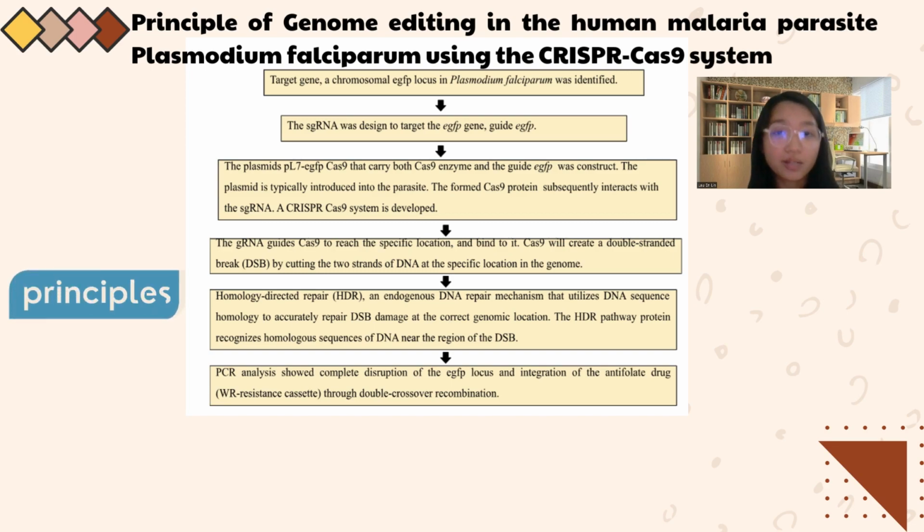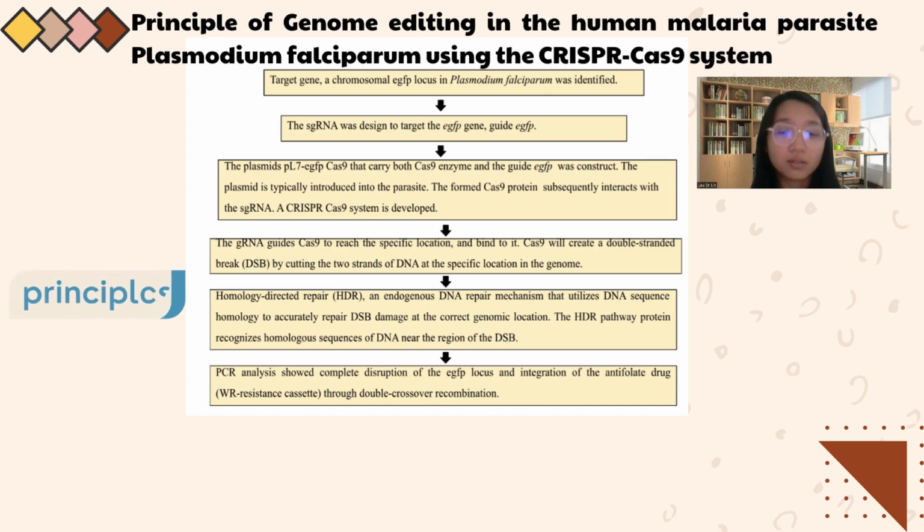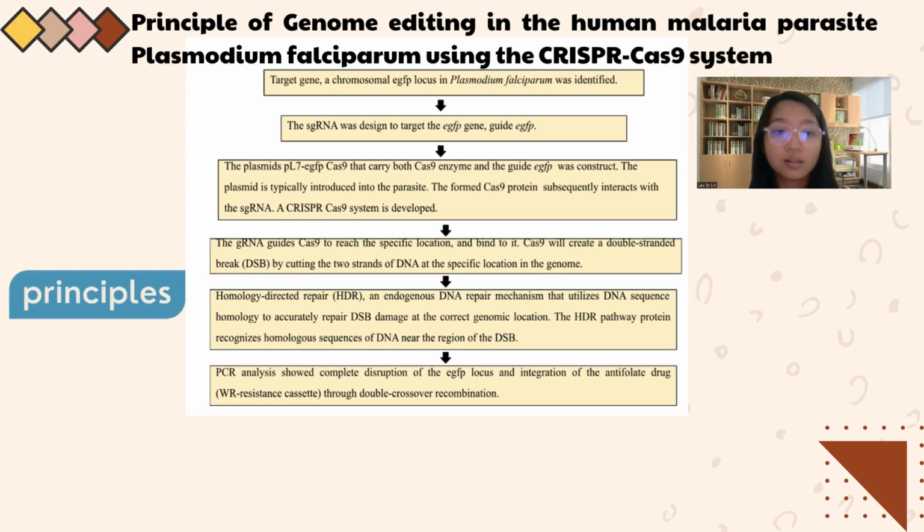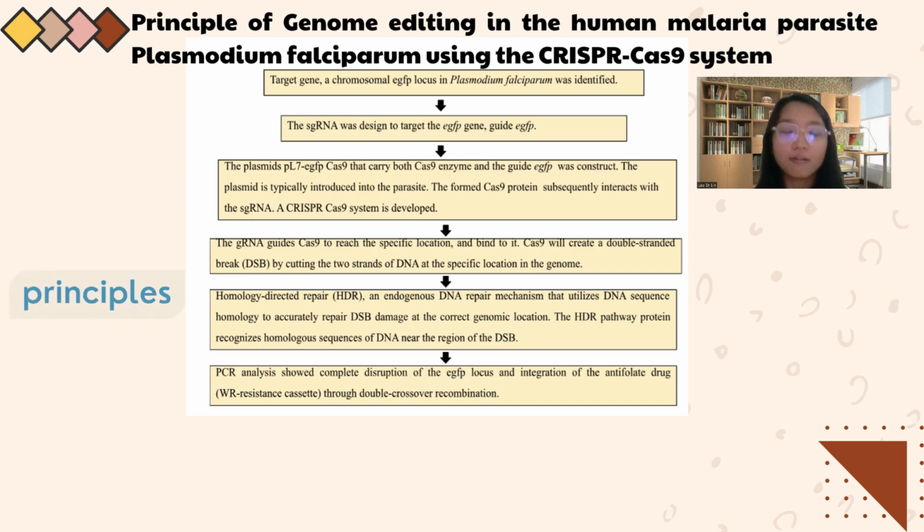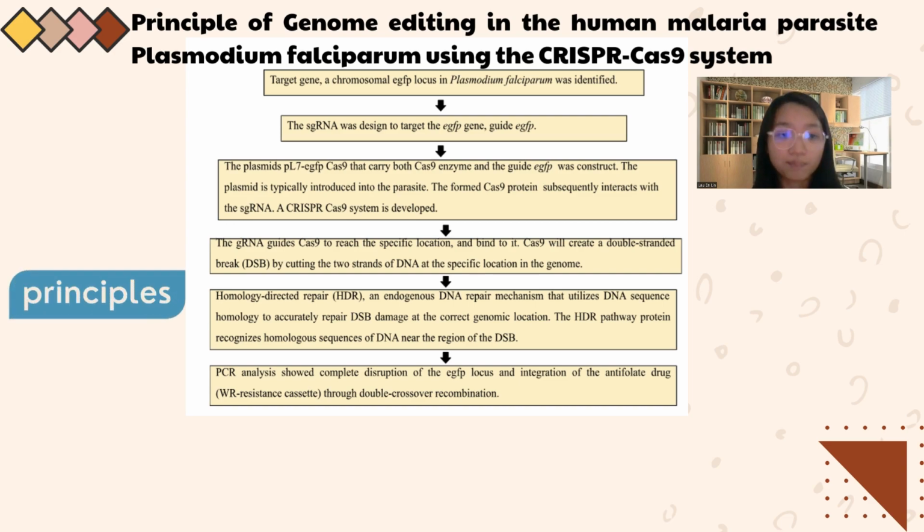Once the plasmid is constructed, it will be introduced into the parasite system, and the Cas9 protein will subsequently interact with the sgRNA to activate the CRISPR-Cas9 system.